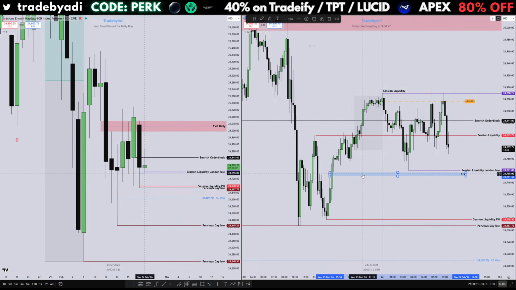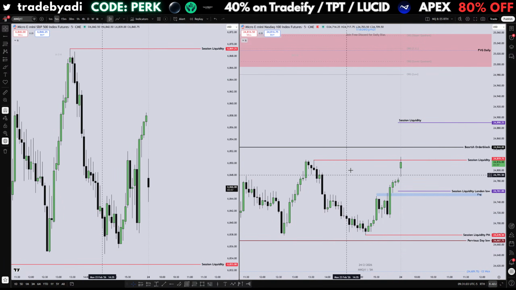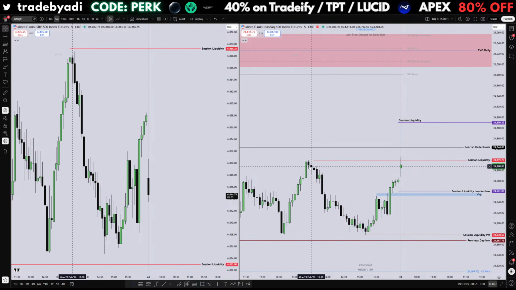And we have a fair value gap below this sell side liquidity, and also on the 15-minute we have this change in state of delivery. Let me check the RTH. On the RTH, if you check, we have taken out this buy side liquidity.